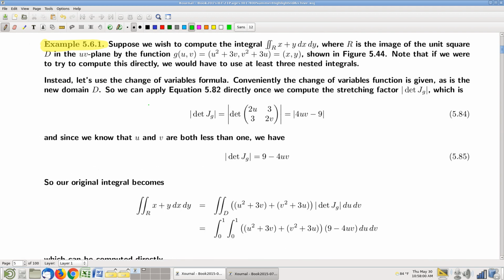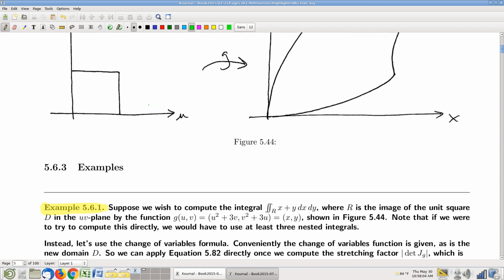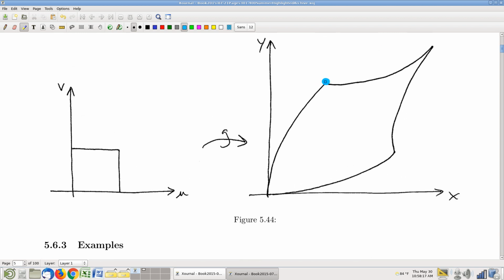Okay. So let me not get ahead of myself here. So we'll start off with this integral here. Looking at this is an integral on this domain that I've got drawn here. This is a very strange shaped domain. How am I going to tell you what this domain is?